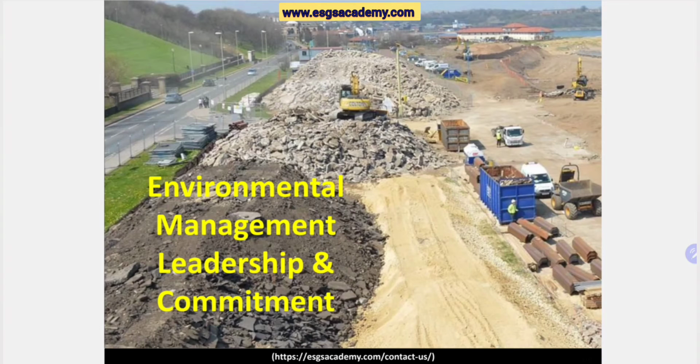Environmental management is everybody's responsibility, so commitment is required from each and every member of the team, from the business functions of the organization. Next we are talking about coordination with external entities and addressing complaints. This comes under the environmental management leadership and commitment part.